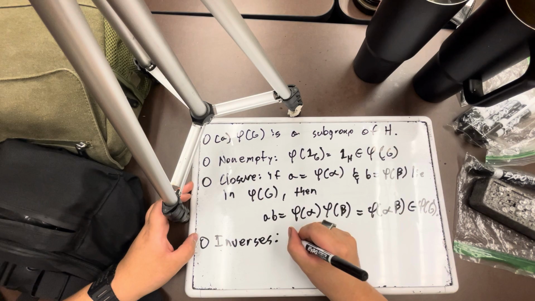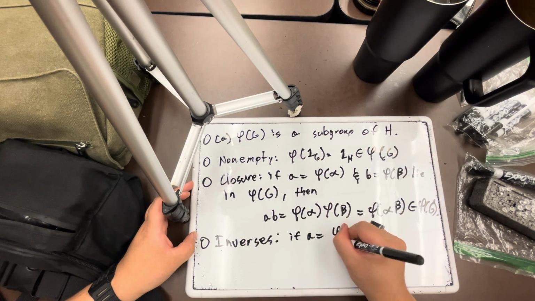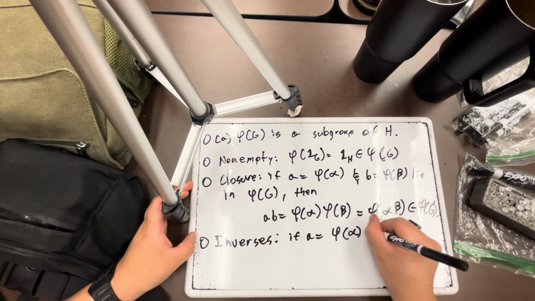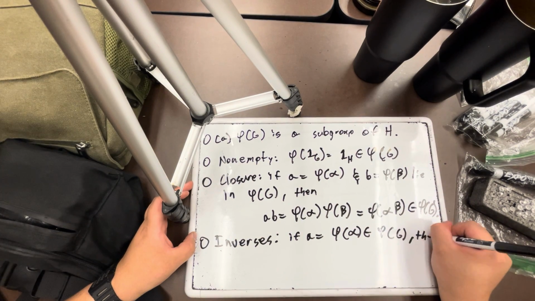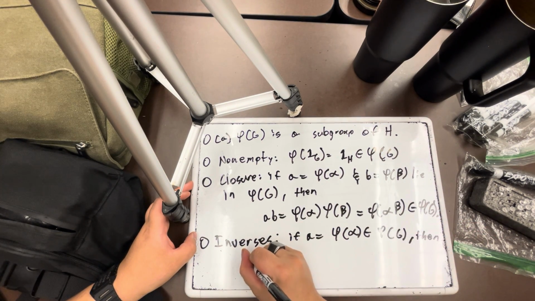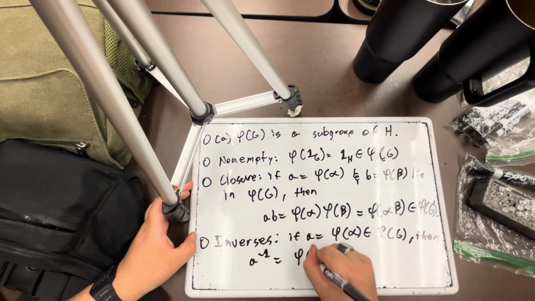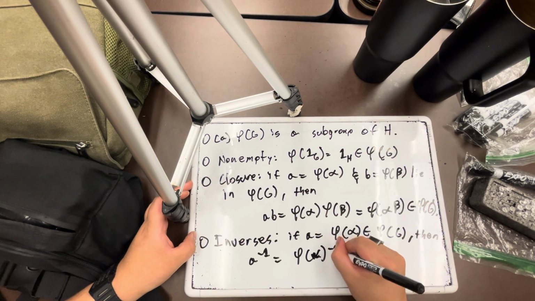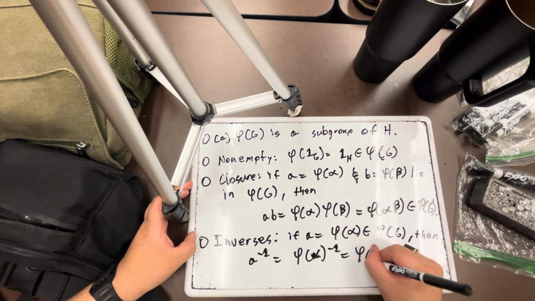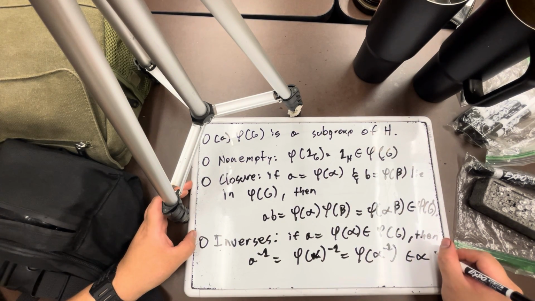Now let's look at inverses. Okay, so if A is equal to φ(α), which is contained in φ(G), then the inverse of A is equal to the inverse of φ(α), which is equal to φ of the inverse of α, which is contained in φ(G).